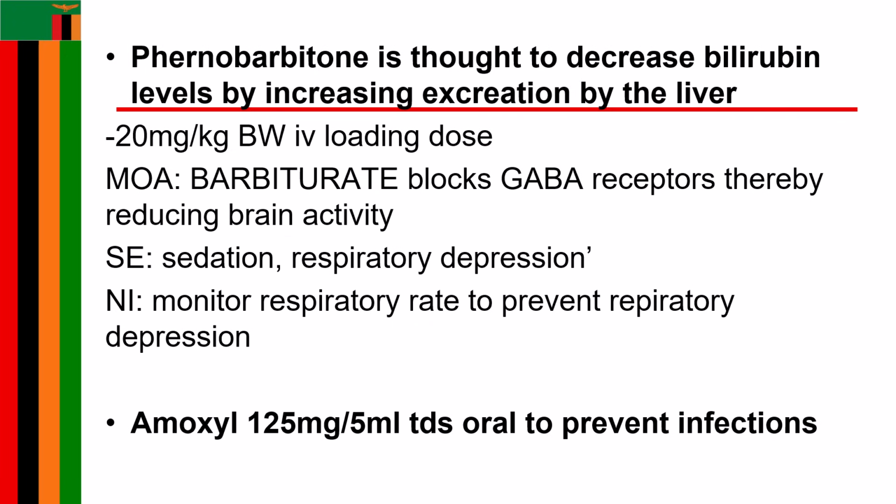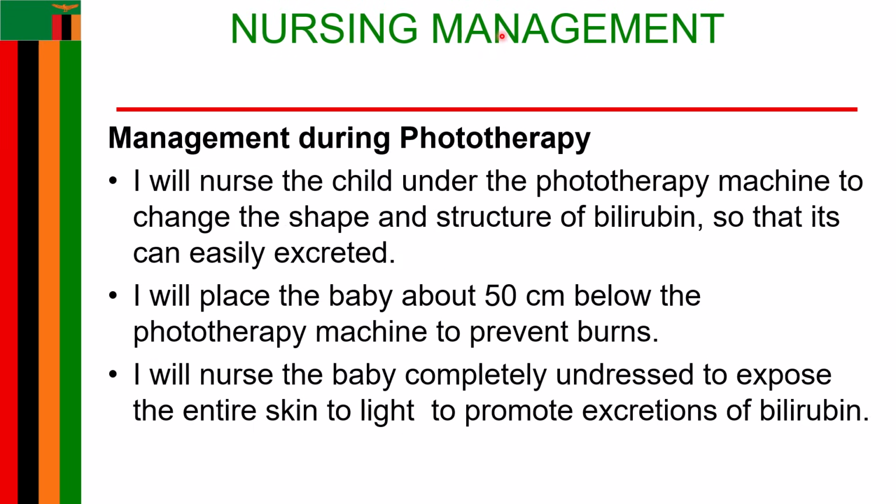In that case, on medical management, specify the drugs that you are also giving, either antibiotics or antimalarial drugs if there is a known cause. So once you mention the medical management, then you are ready to go to the nursing management.